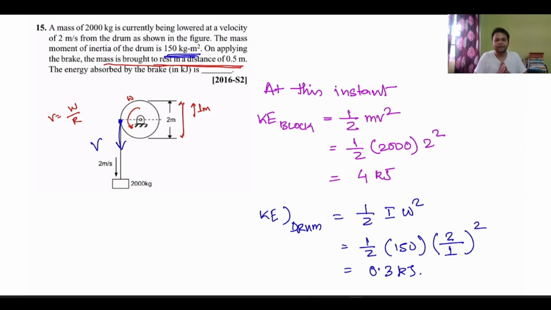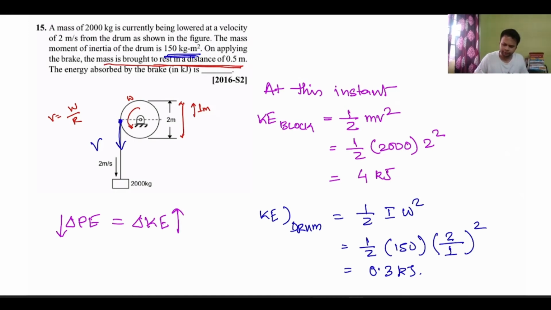So definitely, because the block is lowered by 0.5 meter, there is some increase in kinetic energy.